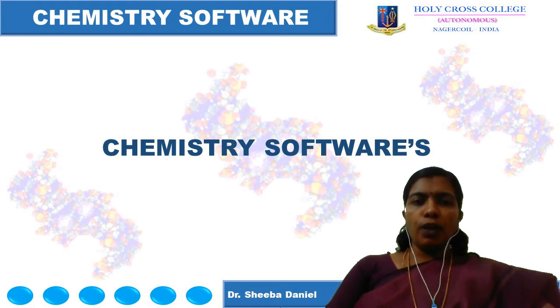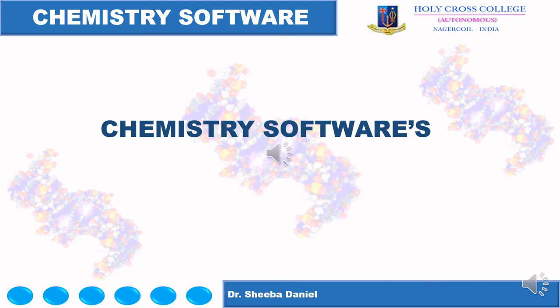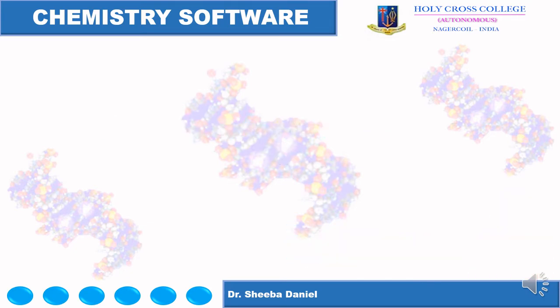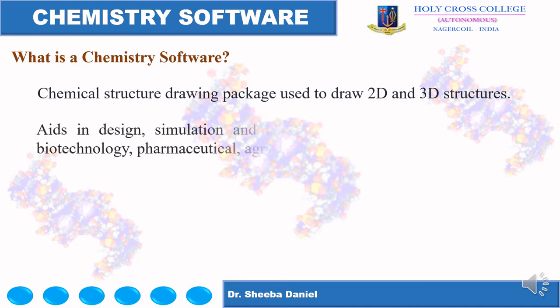Today, I am going to explain the topic chemistry software. What is a chemistry software? Chemistry software is a software which is used to draw chemical structures in 2-dimensional and 3-dimensional.